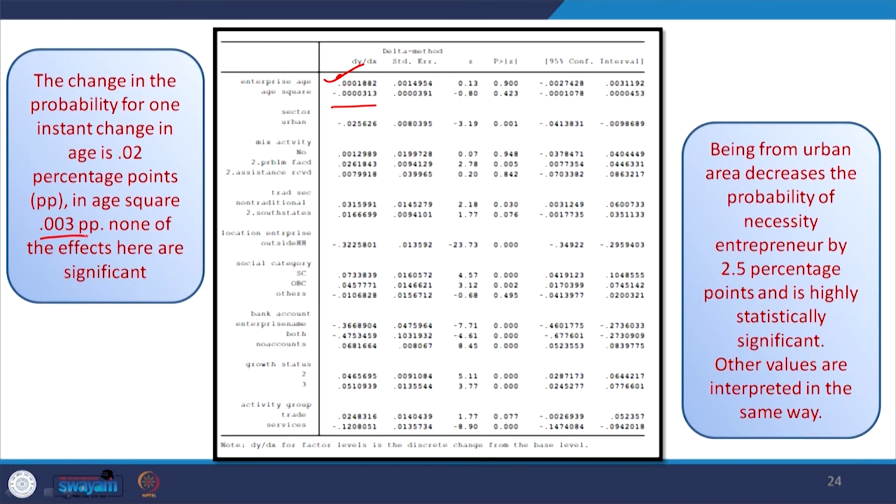Okay. So, coming to the discussion of urban area as against rural. In this case, urban is negatively linked to the necessity entrepreneur. In percentage points, it is 2.5 percentage points lower. So, being from an urban area decreases the probability of being a necessity entrepreneur by 2.5%, and it is highly statistically significant, which is what we wanted to check.